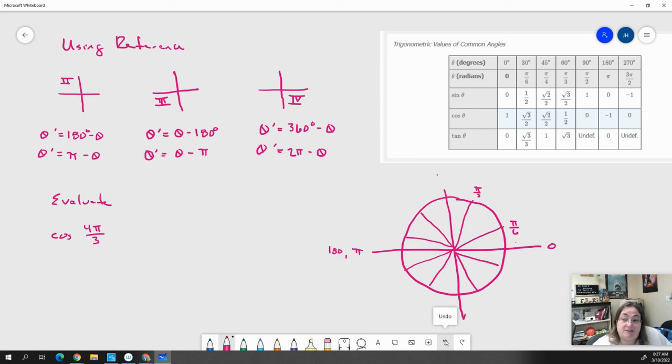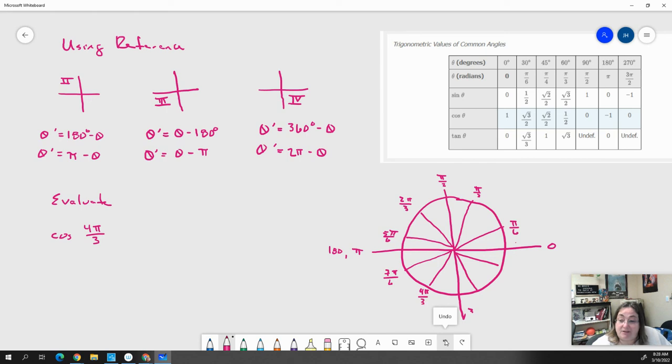This would be 3/6 of pi, which is pi over 2. 4/6 of pi is 2 pi over 3. 5/6 of pi stays the same, so it doesn't reduce. 6/6 of pi is just pi. 7/6 of pi. 8/6 of pi is 4 pi over 3.